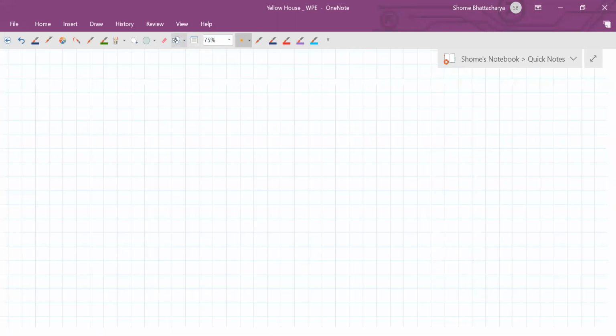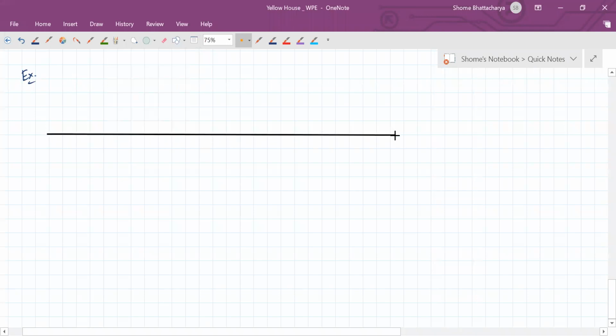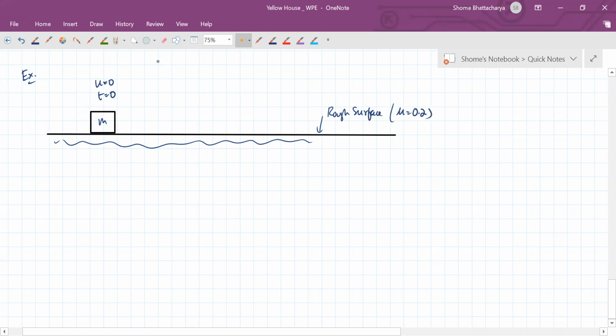Let's do another example. So this time, this block is at rest at time t equal to 0. And this is a rough surface. It has coefficient of friction 0.2.